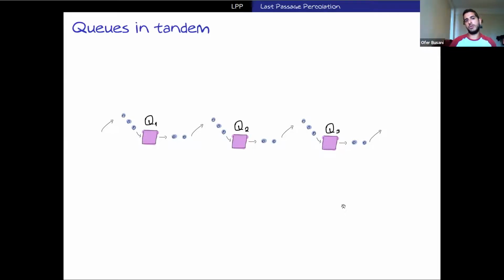Then you feed the first one, let's say Q1, with customers, and the inter-departure times will be fed into the next queue, which in turn will feed Q3 and so on and so forth. Okay, so these are queues in tandem, when we have one queue after the other, one serving the other.